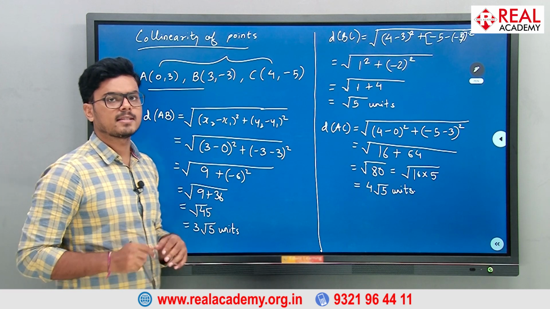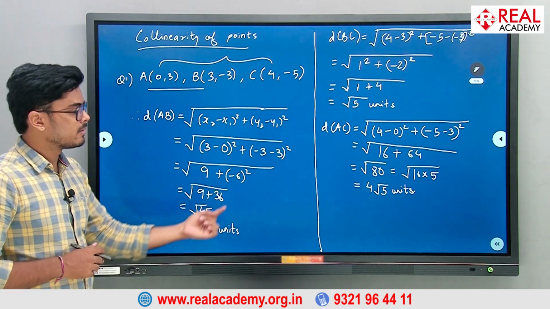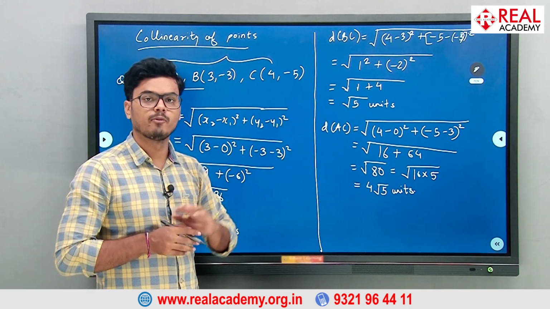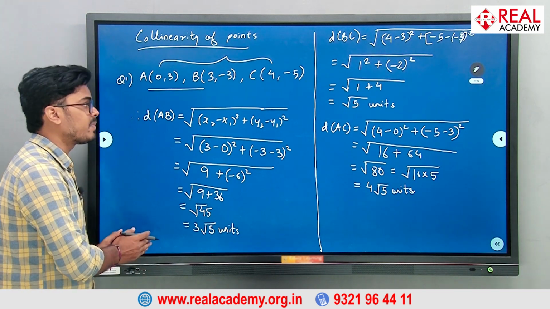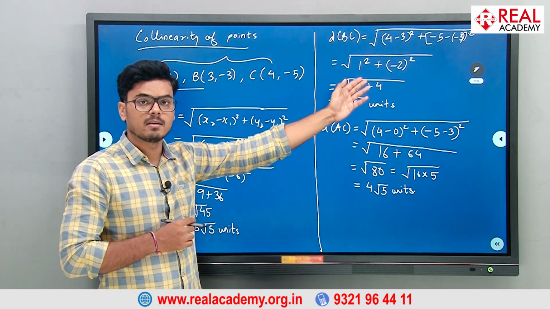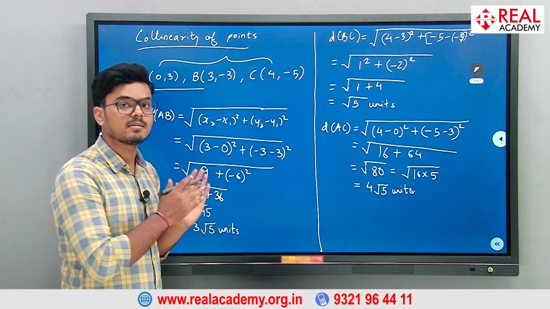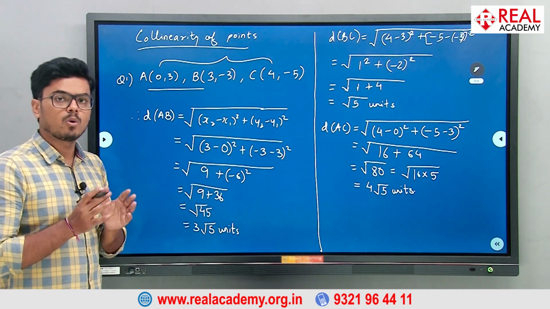So we got all three distances, and if you observe it, 3 root 5 plus 1 root 5 will be 4 root 5. Correct? Which means when we are adding distance AB to distance BC, it is equal to the distance between AC. That means these 3 points A, B and C are collinear.